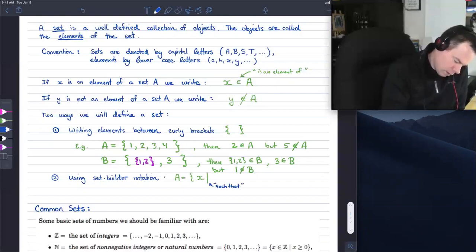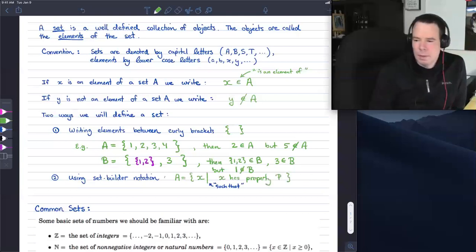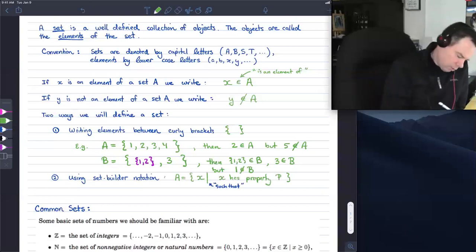So A is the collection of all x such that x has property P. And that's set builder notation. So the way we read this is: the set of all x such that x has property P, whatever property P is.